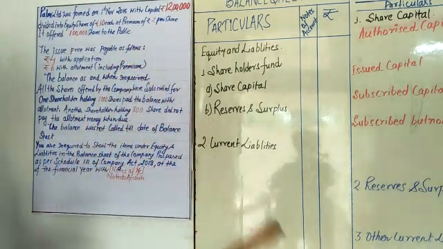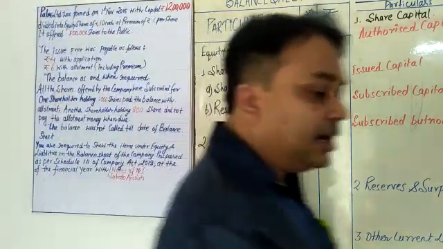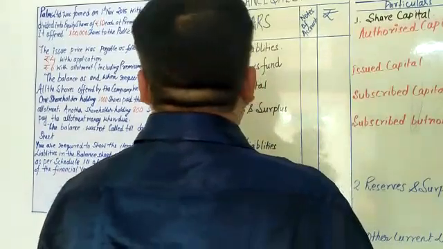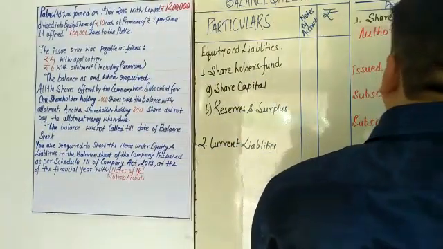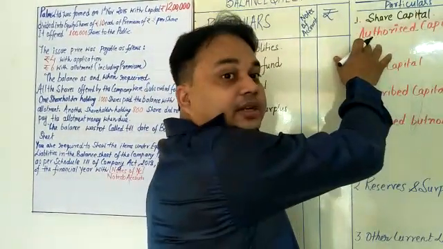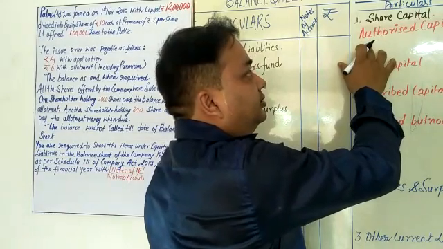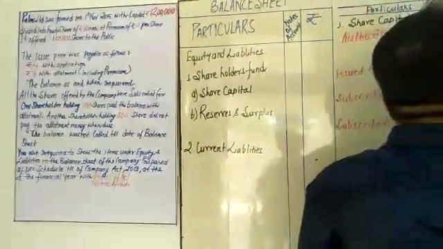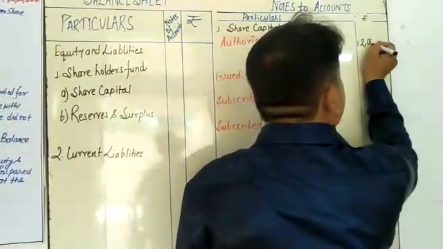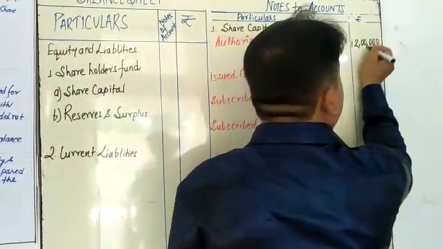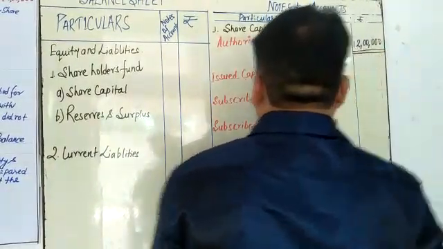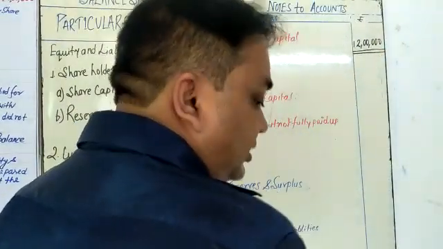My dear student, in this question, the authorized capital is how much? 12 lakh. So you need to write here authorized capital, 12 lakh rupees, and underline it with 2 lines. So how to record 12 lakhs?